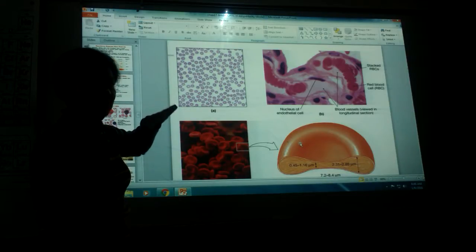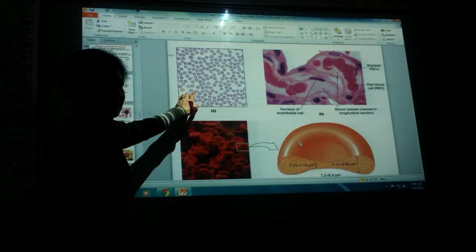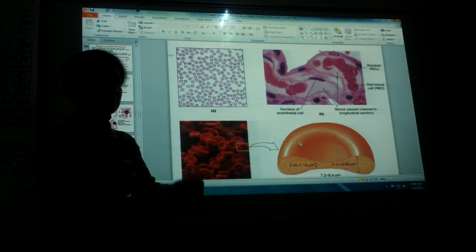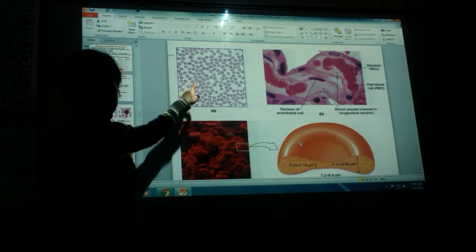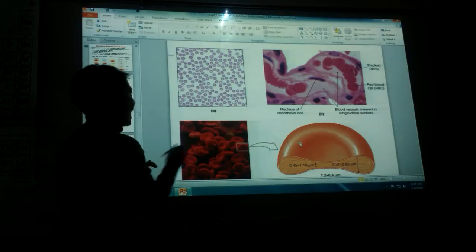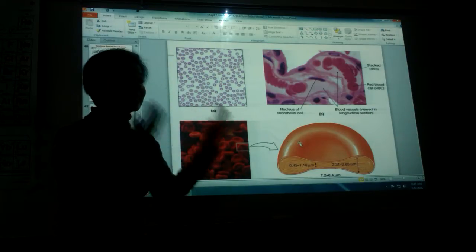And for now, I want you to know anything that looks like a speck of dirt is actually a platelet. Platelets are broken little plates, the speck of dirt. And if I ask you, what is the clear space? It is plasma.